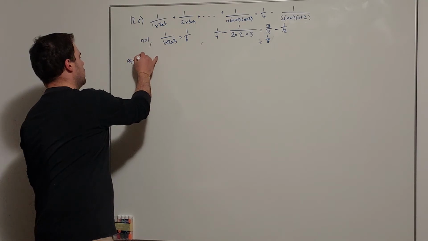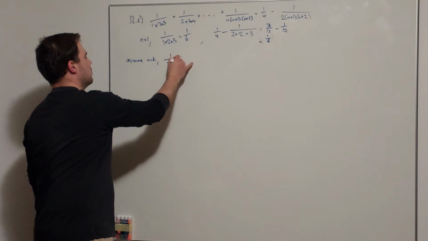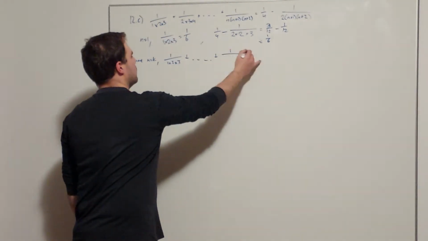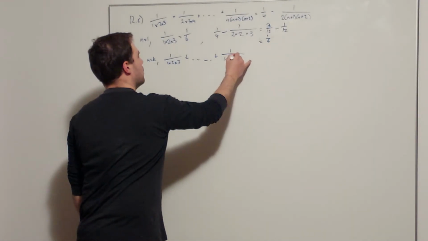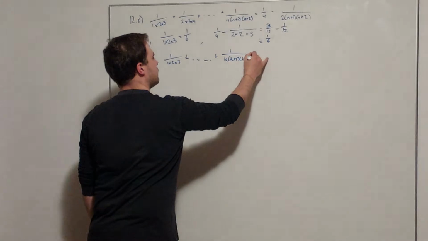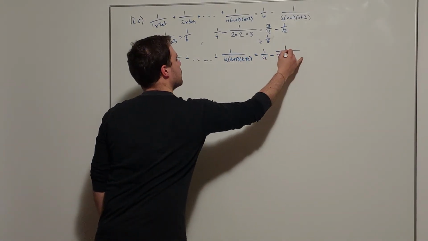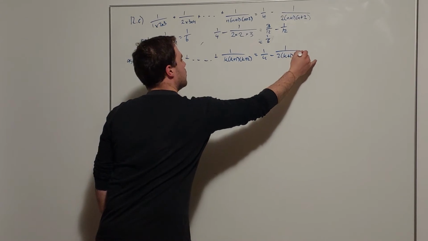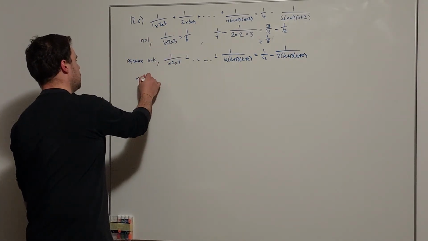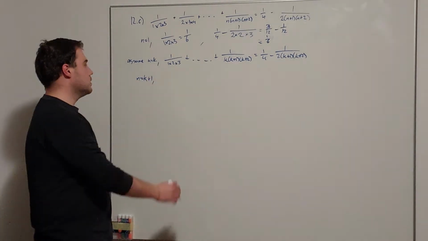true for some k, so we've got 1 on 1 times 2 times 3, I'm not going to bother to write that term, up to 1 on k, k plus 1, k plus 2 equals 1 on 4 minus 1 on 2, k plus 1, k plus 2, and now we need to check under that assumption that it's true for the k plus 1 case.